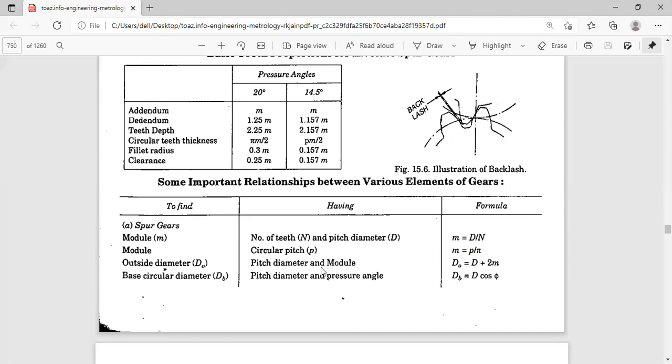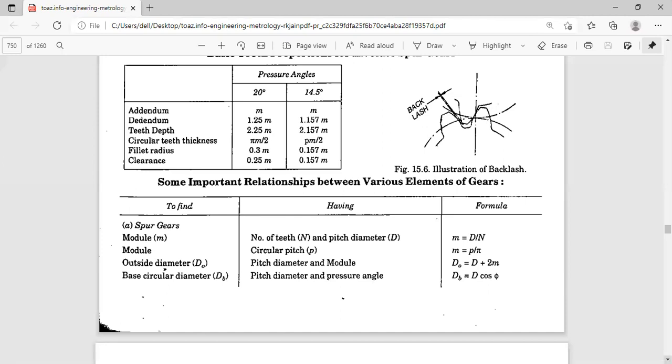The outside diameter D naught is given by the pitch circle diameter plus 2m. There is a relation between the base circle diameter and the pitch circle diameter. Already we have seen dB is equal to dP cos phi, or RB is equal to RP cos phi.